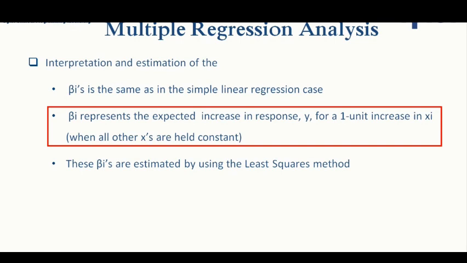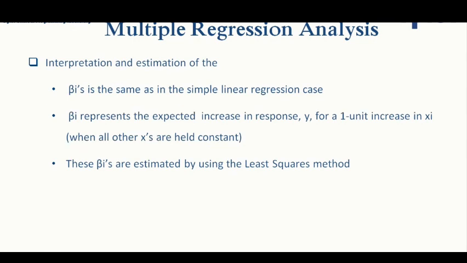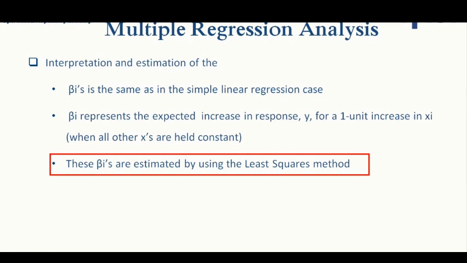They are basically known as the partial regression coefficients, but here we will call them regression coefficients of y on x2. So the ideas and concepts are similar. These beta i's are estimated by using the least squares method.